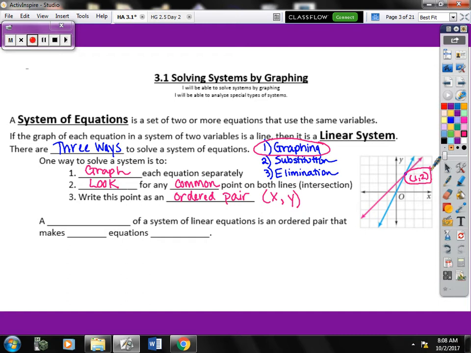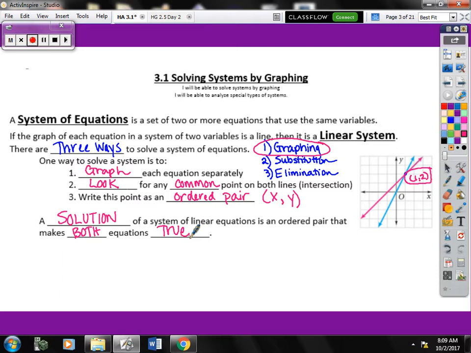So the solution of a system of linear equations is the ordered pair that makes both equations true at the same time. So that x value, when plugged into both, would get you that equivalent y value.